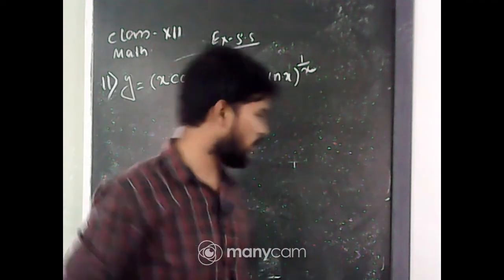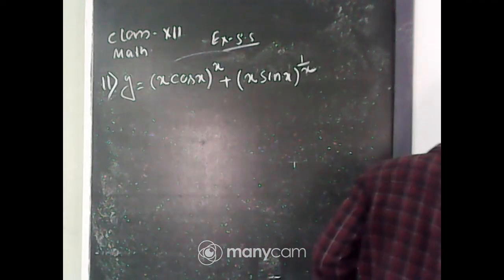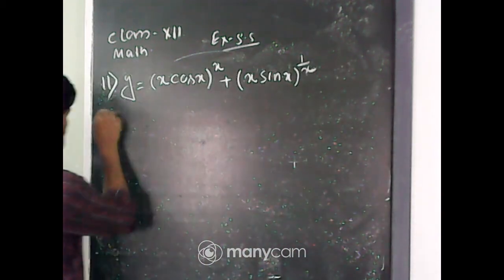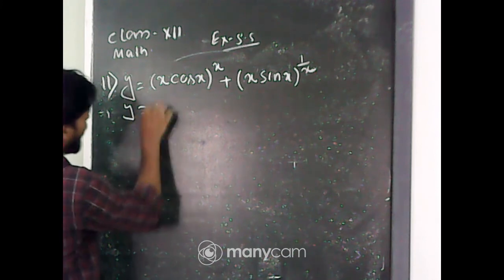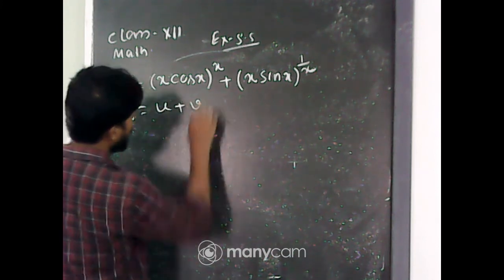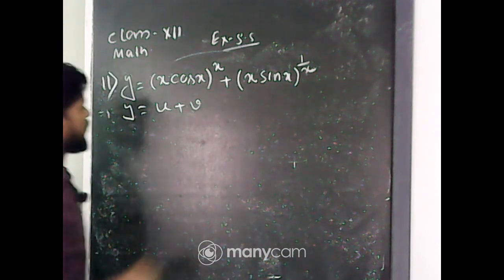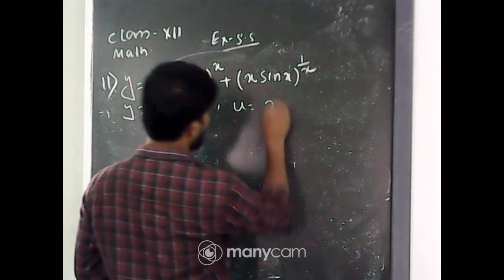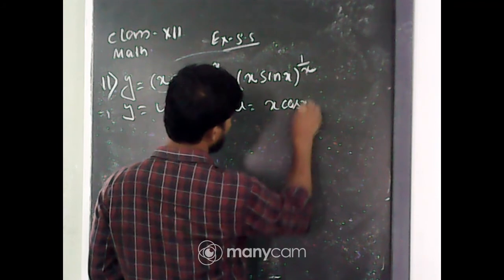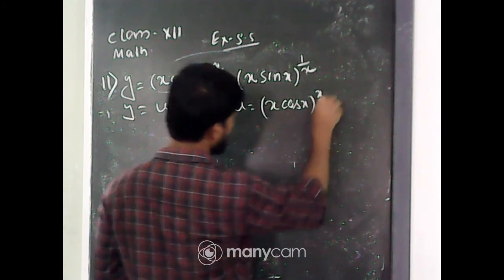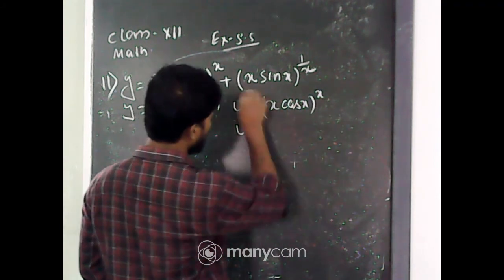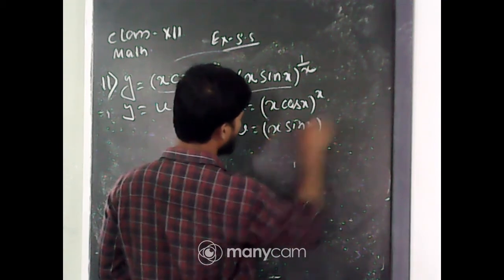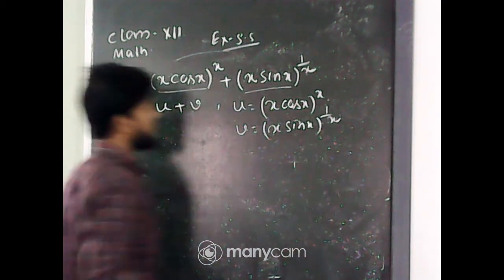Let us consider y equal to the given expression, and we consider this y as the sum of two expressions u and v, where u equals (x cos x) whole to the power x and v equals the second expression, (x sin x) whole to the power 1 by x.